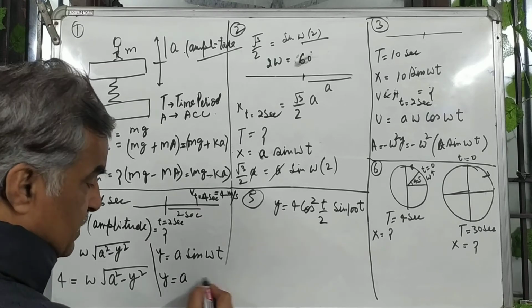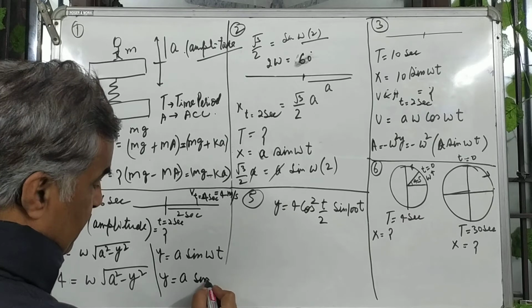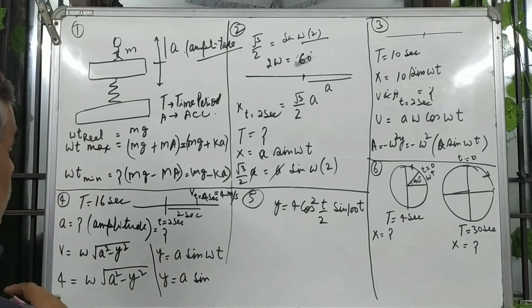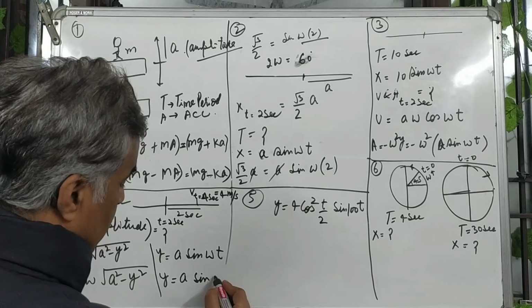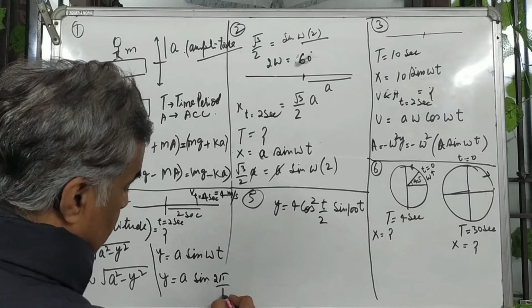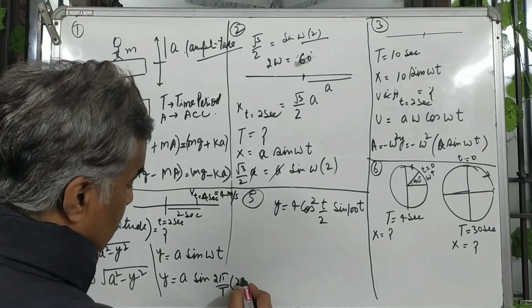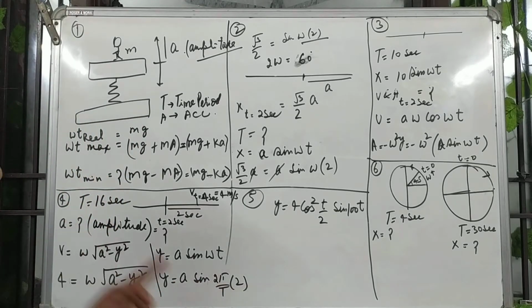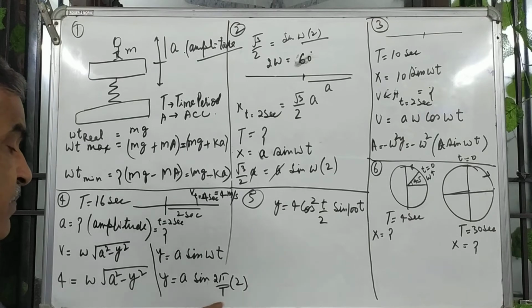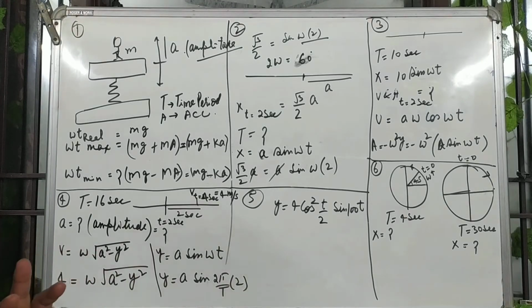y equal a sin omega t. Omega is 2 pi by T, and time is 2 seconds. On simplification, T is 16. You will simplify and find y, and this is to substitute. y will be in terms of a.